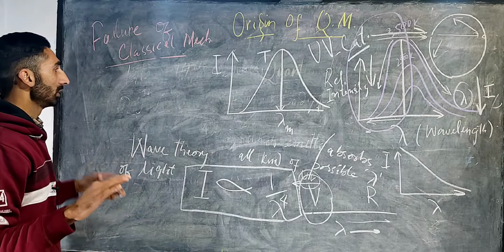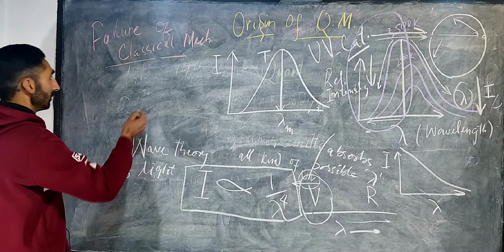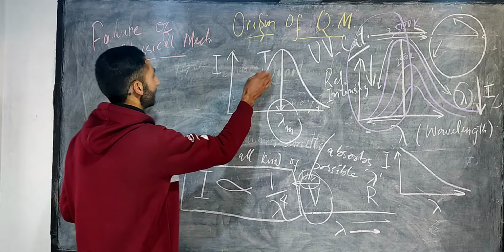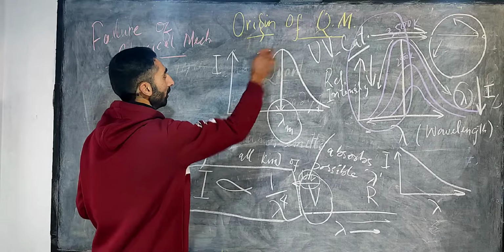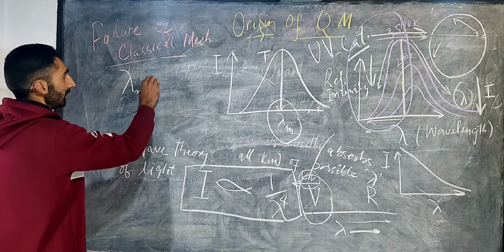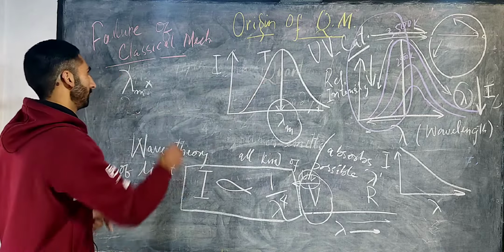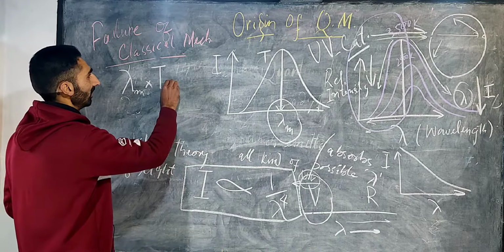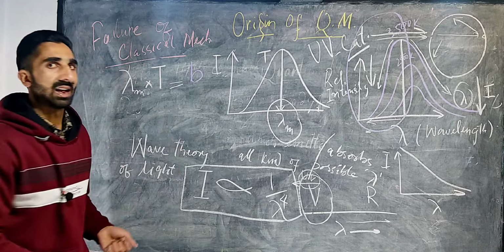So Wien concluded experimentally that if this is the corresponding wavelength at the maximum intensity, lambda m, then the product of this lambda with the corresponding temperature T is always a constant, and that constant he represented as b.